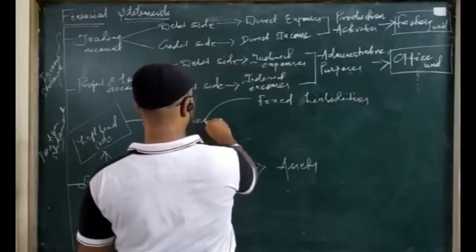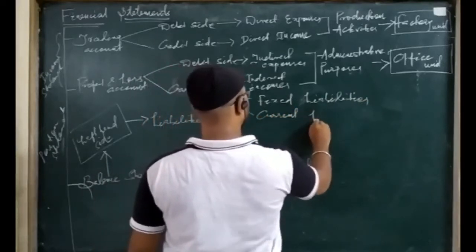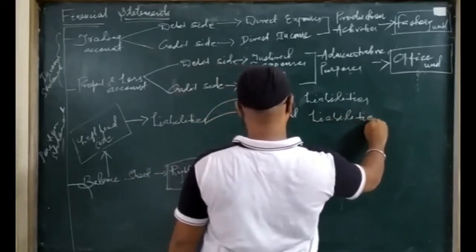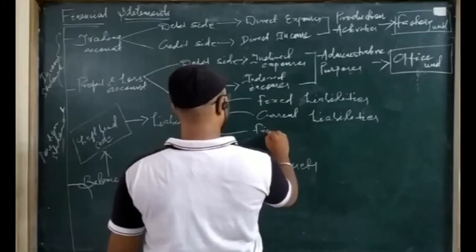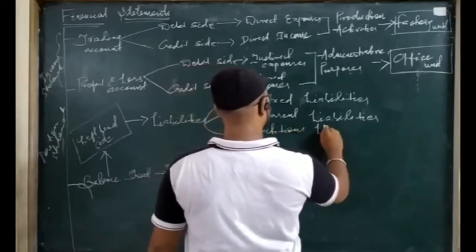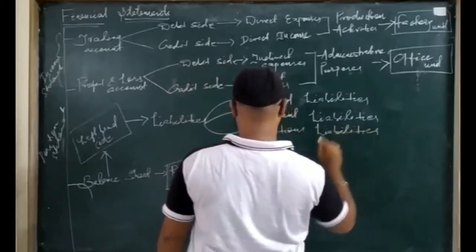Then you have current liabilities. Again, you have fictitious liabilities, which are those liabilities that do not have any physical form in the business organization.